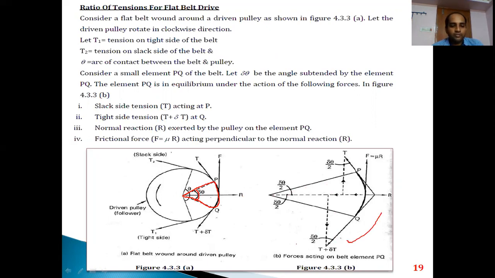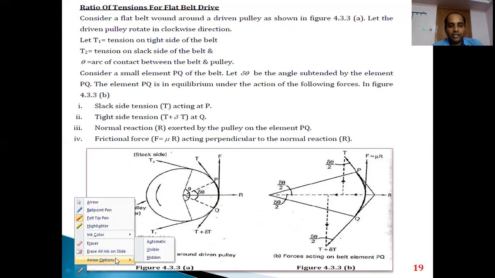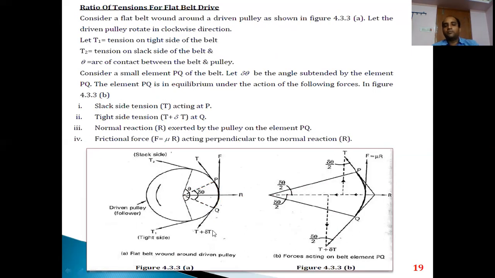In figure B, if you observe carefully, we have shown how the forces have been analyzed by resolving them along both the horizontal and vertical axes.